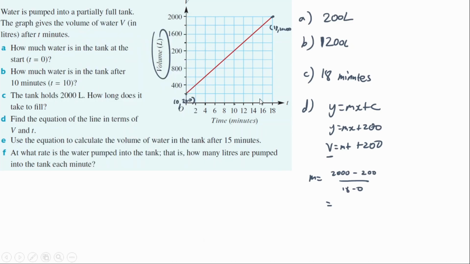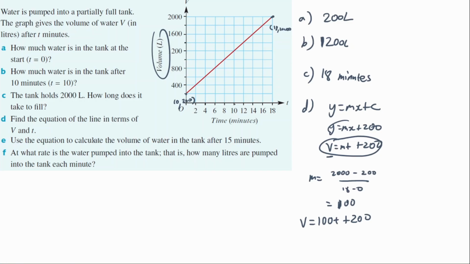So I know my gradient, or my m value, is going to be 100. So I'm only missing my m now, so I'm just going to put 100 into m. So that's going to be v equals 100t plus 200. That will be my equation for this graph.